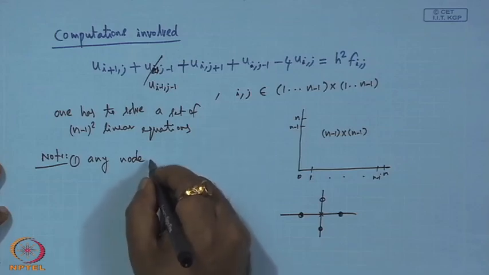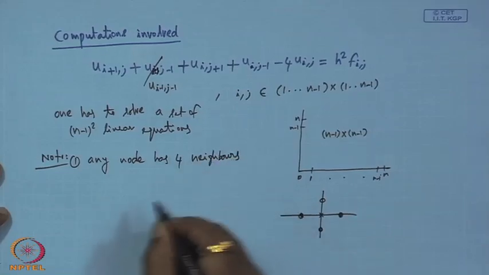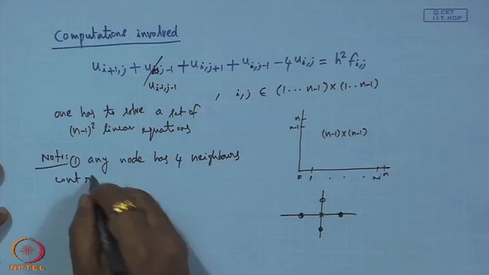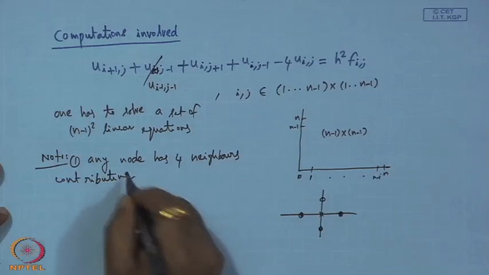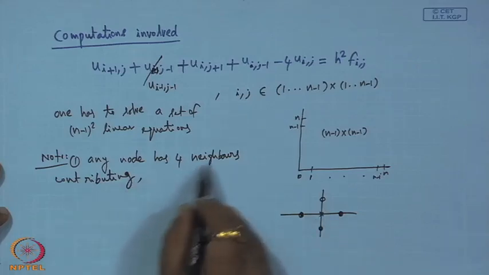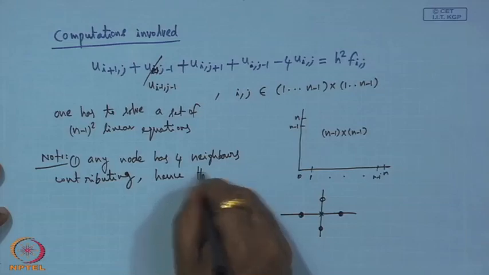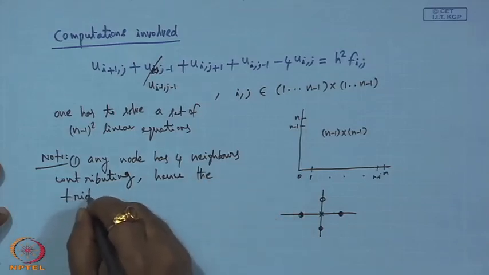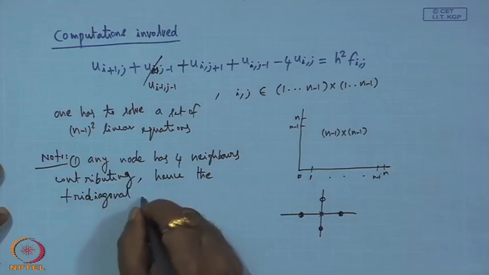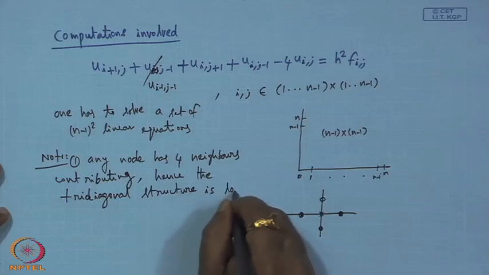Any node has 4 neighbors contributing, so the tridiagonal structure is lost.